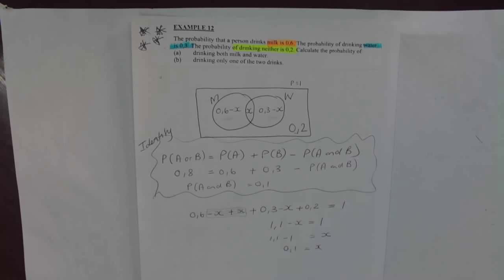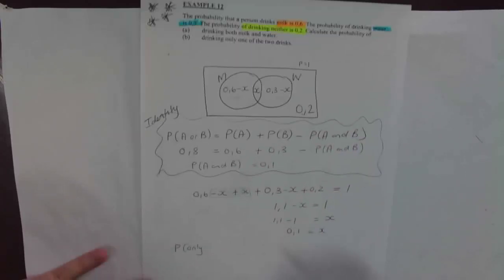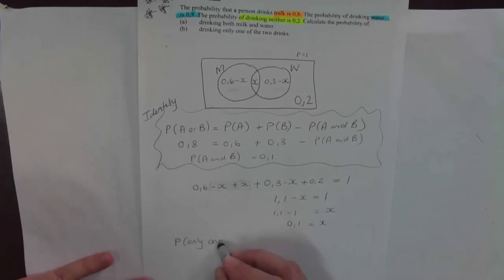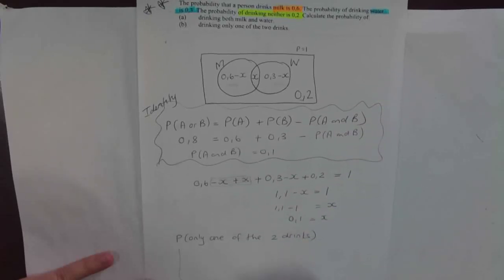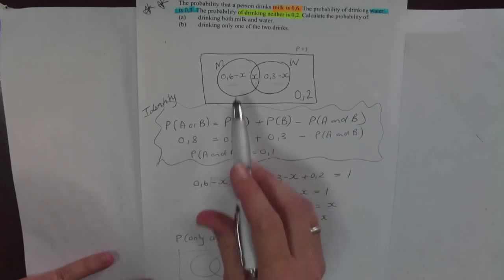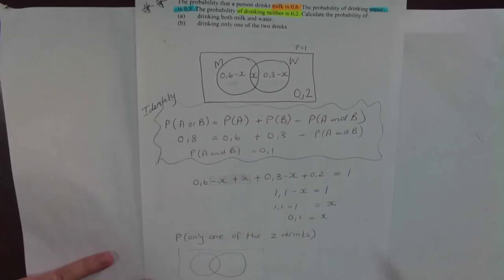Right, what is the probability of drinking only one of the two drinks? One of the two drinks. So it is only one of the two drinks. So if I had to quickly adjust my Venn diagram, that's 0,6 minus 0,1.